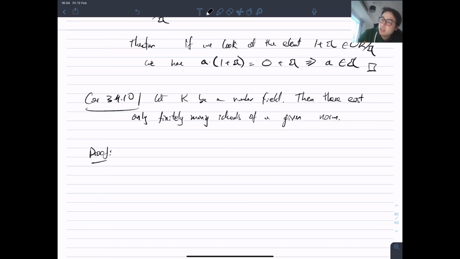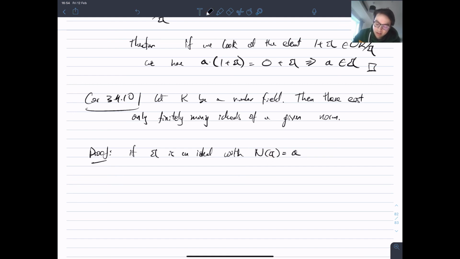So let's prove this. So if A is an ideal with, let's say, norm of A, I'm calling the norm of A little a. These are 2 different A's, and I'm sorry for the notation. It's just that Fraktur or Gothic A's are very standard notation for ideals.